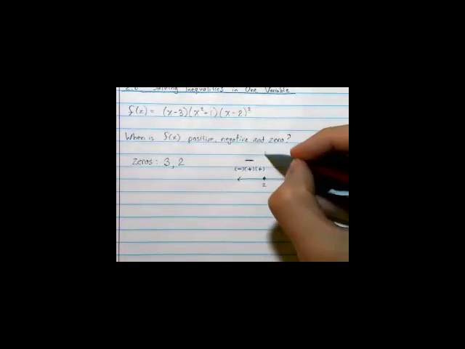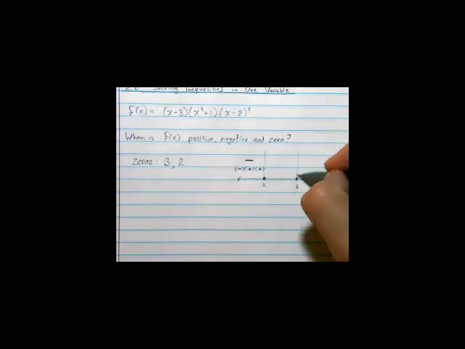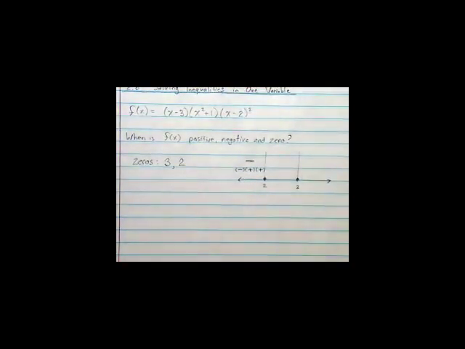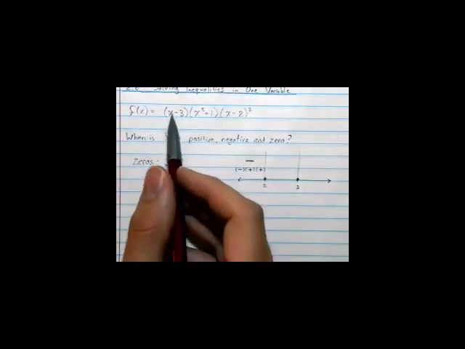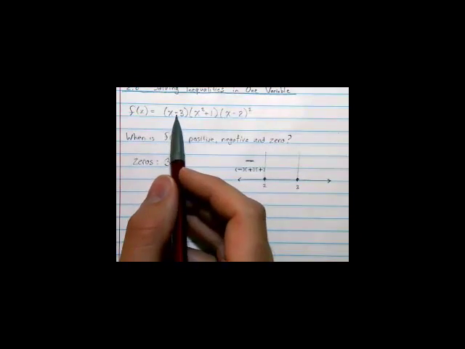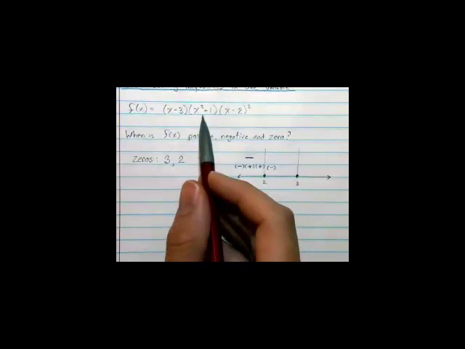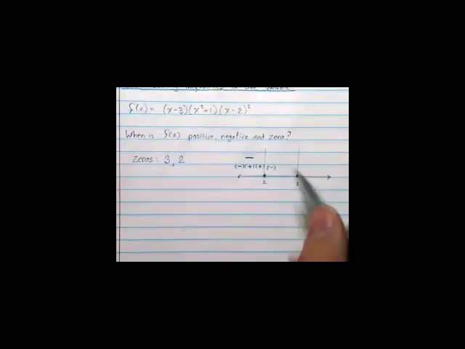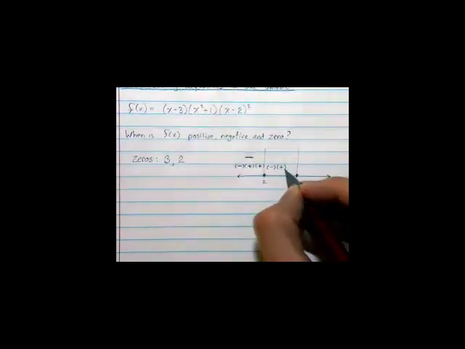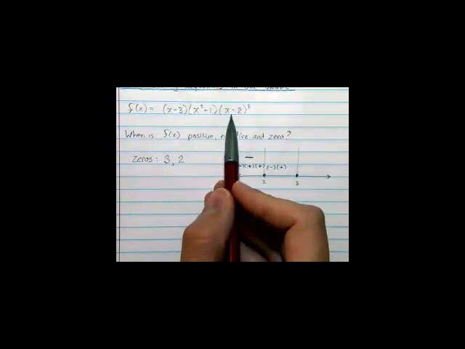All right, and then we hop into the next little interval here and just repeat the process. Picking a number between 2 and 3, maybe 2.5. Let's try that. You can do this still in your head, I bet. If I plug a 2.5 into the first one, negative; into this one, positive; and into this one, also positive.